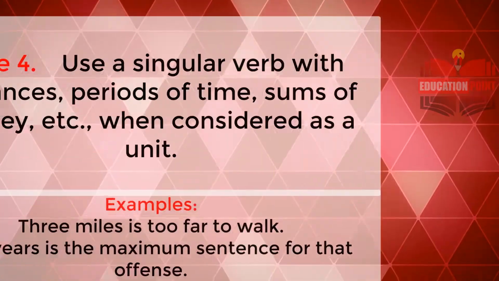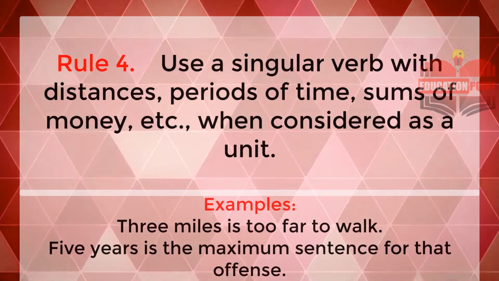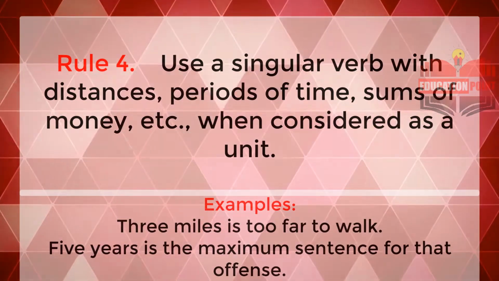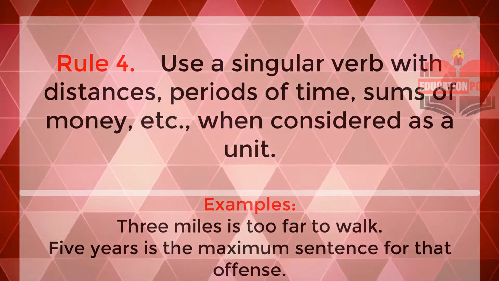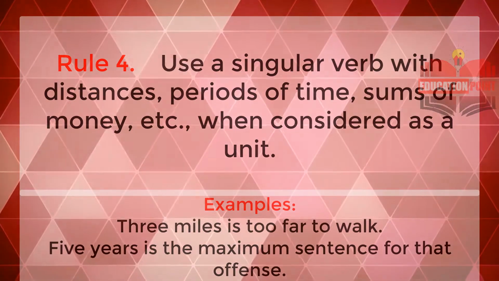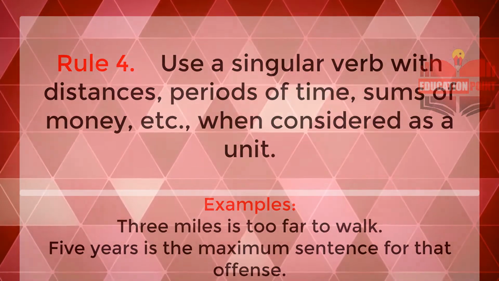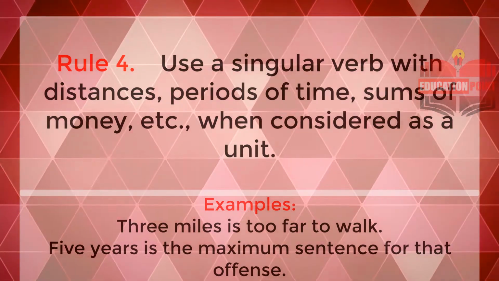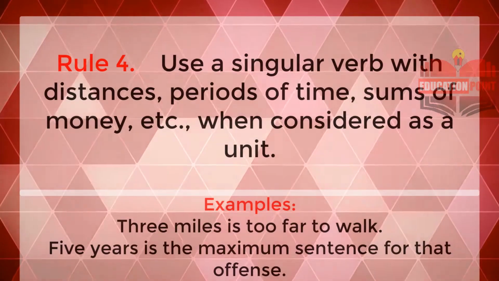The next rule is that one needs to use a singular verb with distances, periods of time, sums of money, etc. when they are considered as a unit. So when we are talking about a unit or a group or something which is together, be it distances, periods of time or sums of money, we need to use a singular verb and not treat it as different separate units.